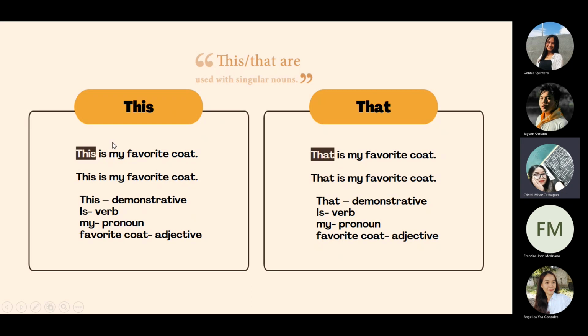In this, this is a demonstrative and is is a verb. My is a pronoun and favorite quote is an adjective. Here again, that is a demonstrative, is is a verb, my is a pronoun, and favorite quote is the adjective.